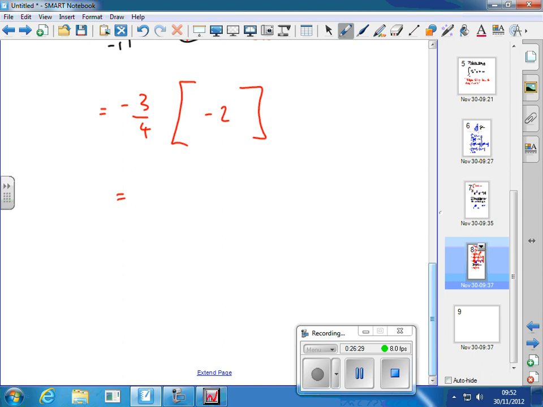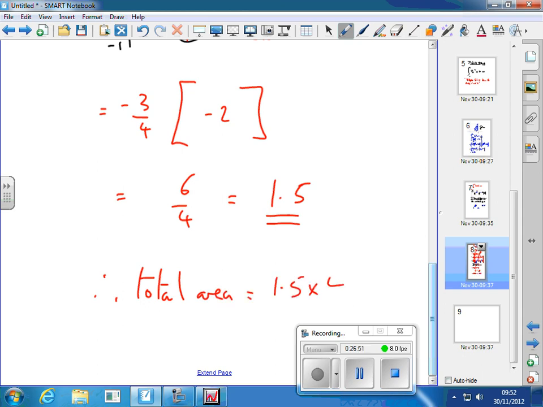Minus times a minus gives a plus. So we've got finally 6/4, which is 1.5, or 3/2. So the area under that curve is 1.5, so therefore the total area equals 1.5 times 4, because remember we had 4 of those cycles, which is 6.